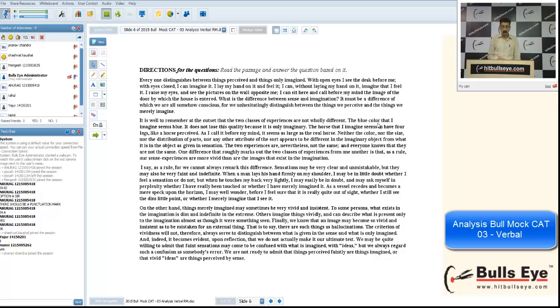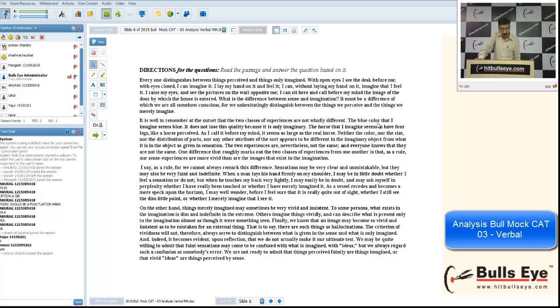It is giving more weightage to sense experiences. And in the third paragraph, first line, he says as a rule, we cannot always remark this difference. Means there is a difference, but we shall not be able to. Sensations may be very clear, but they may also be very faint and indefinite. Again, contradicting views.